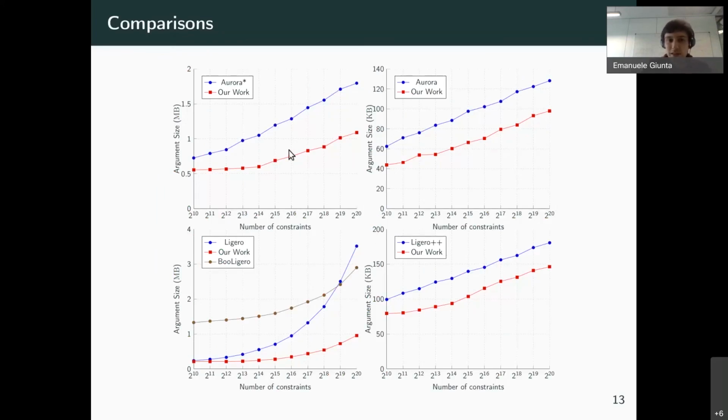We show that the proof size becomes significantly smaller in one case, the case of Ligero. And in the other case of SNARKs that are polylogarithmic, it is not really significant, but its proof size is reduced by a measurable amount of kilobytes.